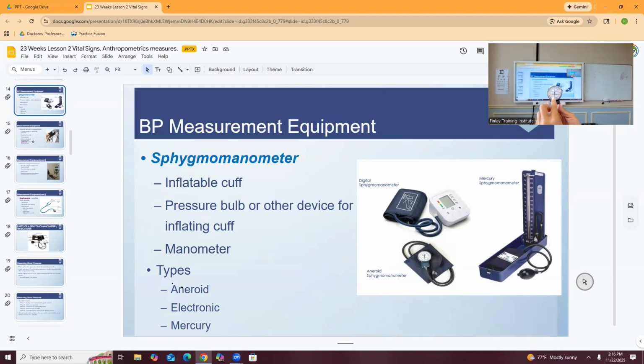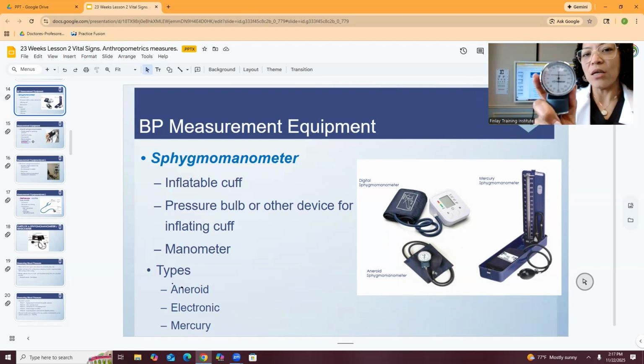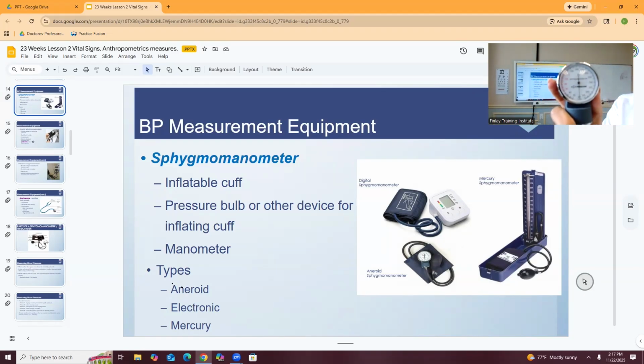So between 20 and 40, the middle one is going to be 30, and between 20 and 30, each of the small lines is going to be 2. So 22, 24, 26, 28, and then 30. So when you're using a manual one, you cannot say that the blood pressure is 125/75 because the measurement in here is on every 2, okay?